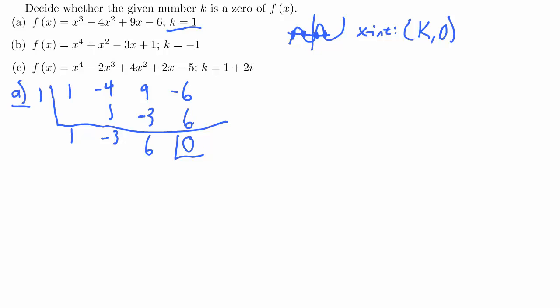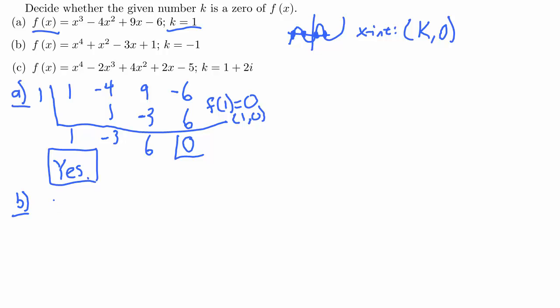What this tells me is that f of 1 is equal to 0. In other words, the coordinate is 1, 0. Notice that because of this, 1 is a 0 of this f of x. Therefore, on A, we get yes.